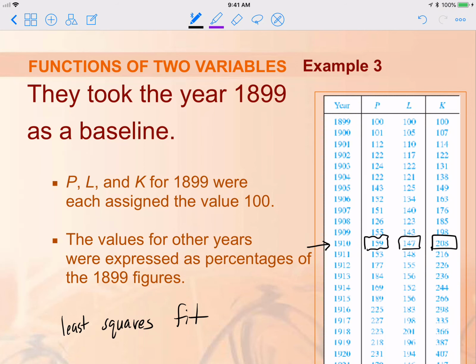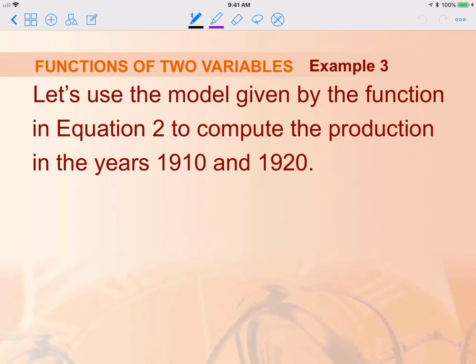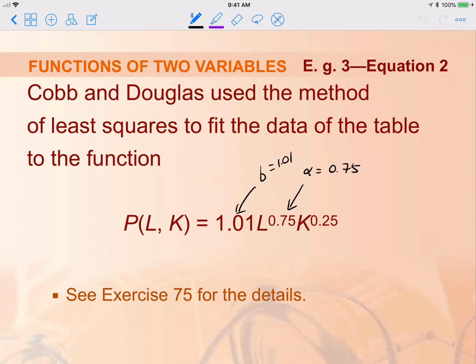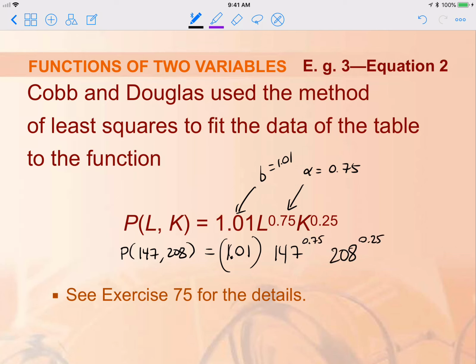So we need P of 147, 208, which is 1.01 times 147 to the 0.75 times 208 to the 0.25.